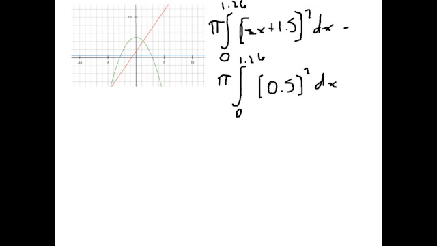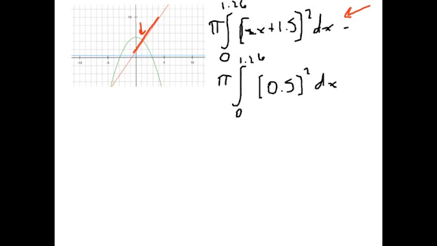This first function, the equation that I set up at the top here, is this line right here. It's that line up until that point, 1.26, where the 2x plus 1.5 intersects the negative 0.6x squared plus 5.